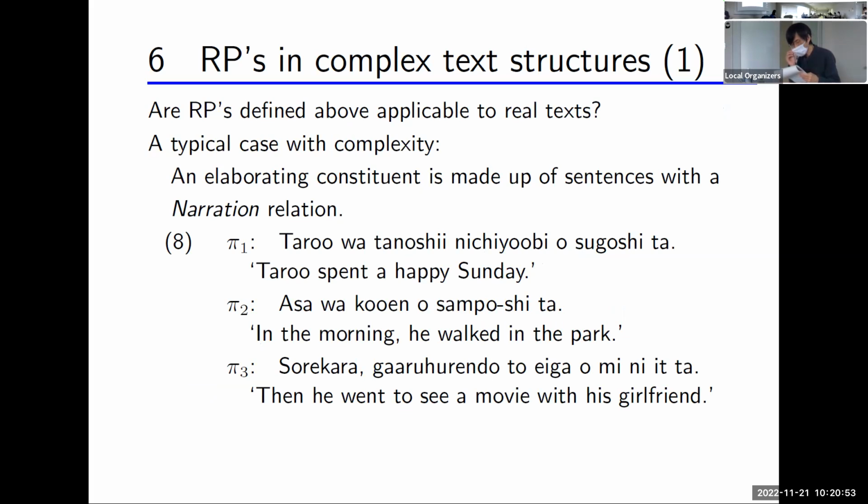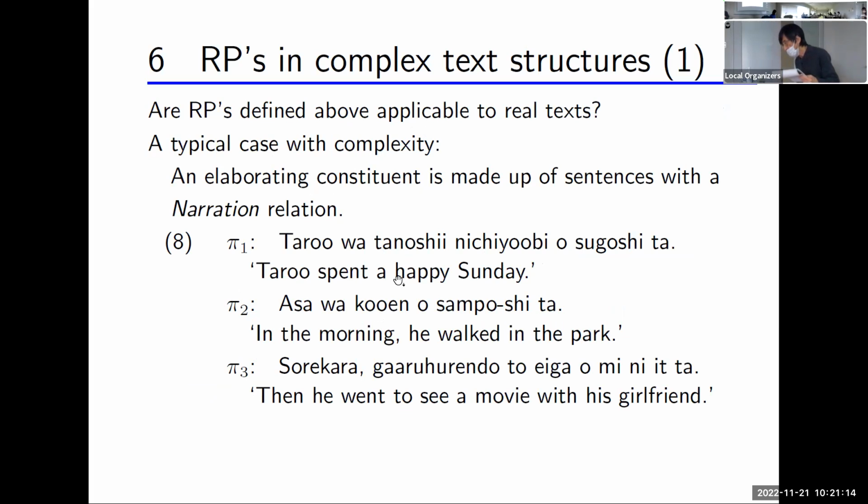Here is a typical case of a text with some complexity, where a constituent which elaborates a preceding sentence is a complex one. Okay, pi 2 and pi 3 elaborate the first sentence pi 1, but these are each made up of two sentences.